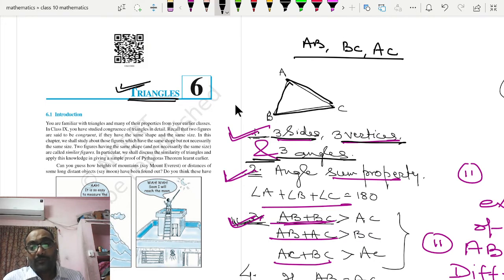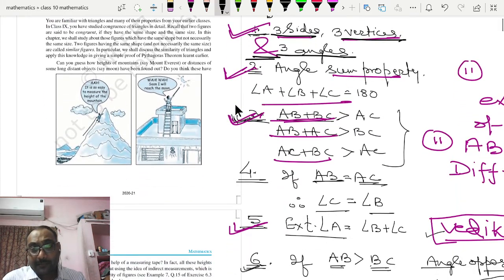Now, the properties of triangle. The very important property of the triangle is its angle sum property. Angle sum property means if you find the sum of all the three angles of a triangle, then this will always result into 180 degrees.